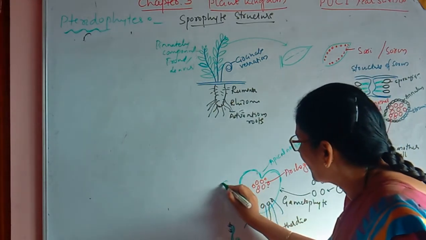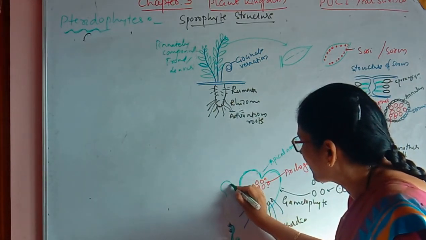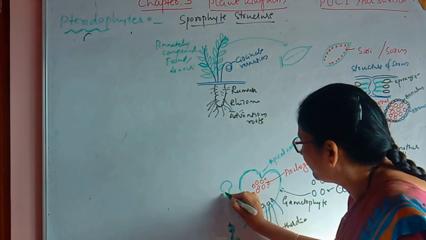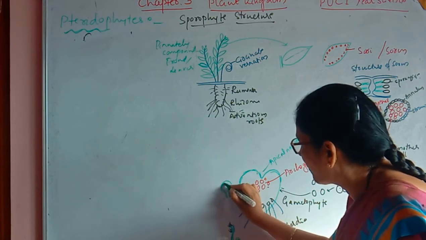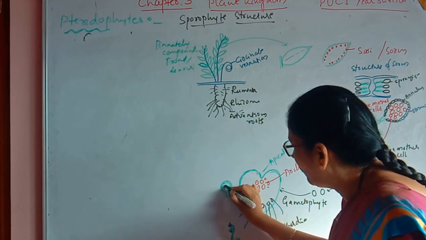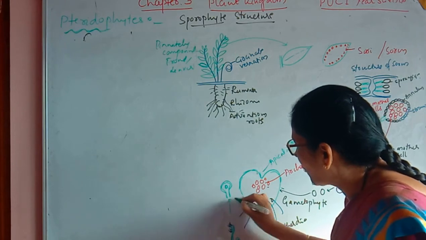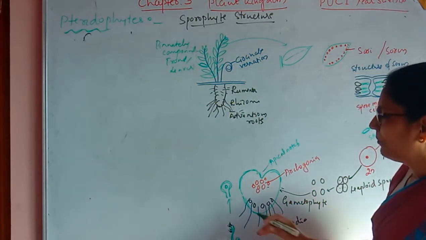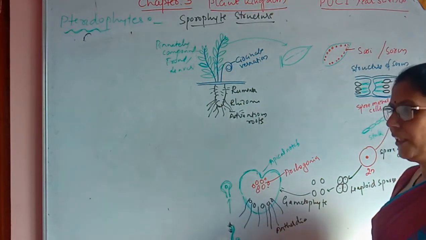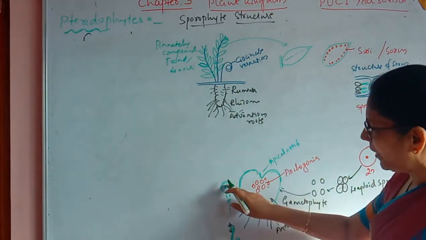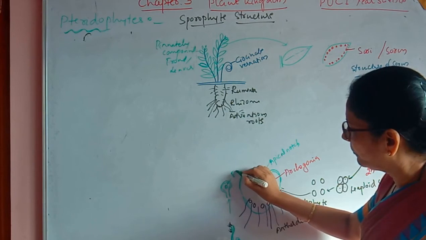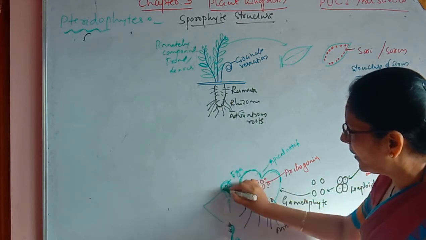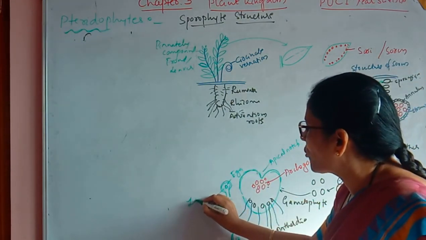Archegonia will be somewhat funnel or flask shaped. Here the egg will be there, and these antherozoids reach the archegonial mouth and fuse with the female gamete, the egg. That results in the zygote formation.